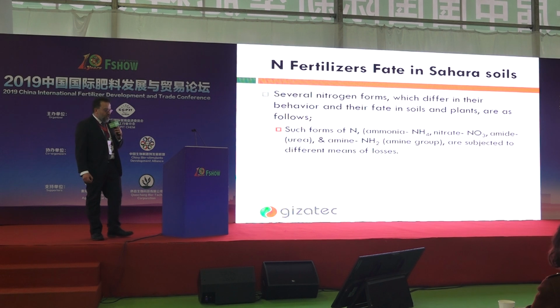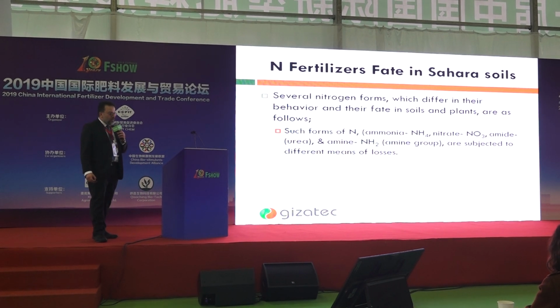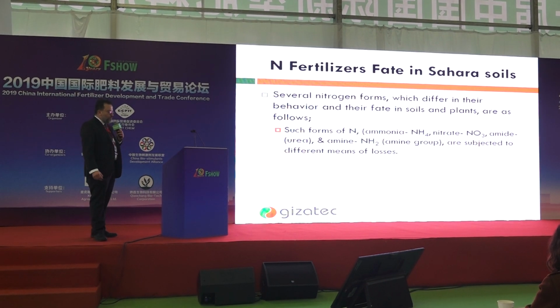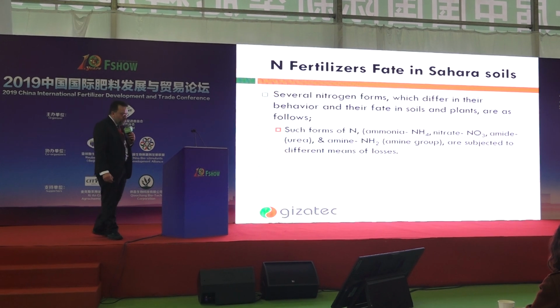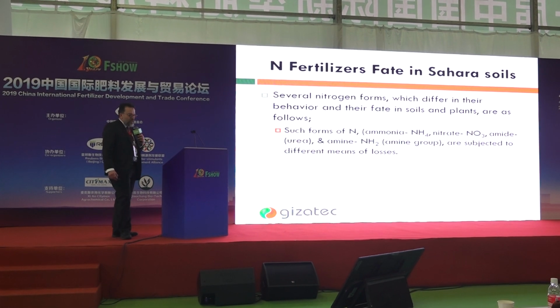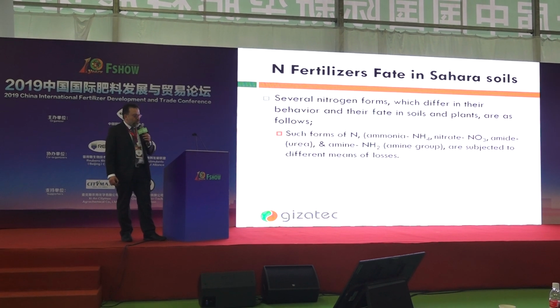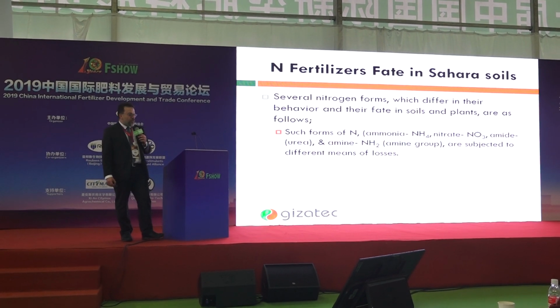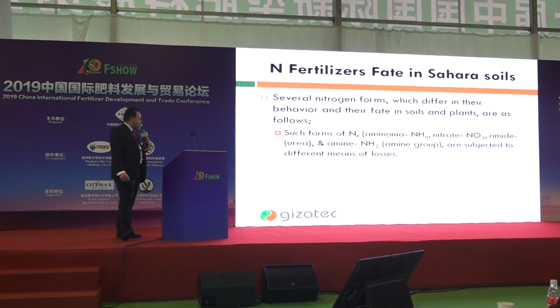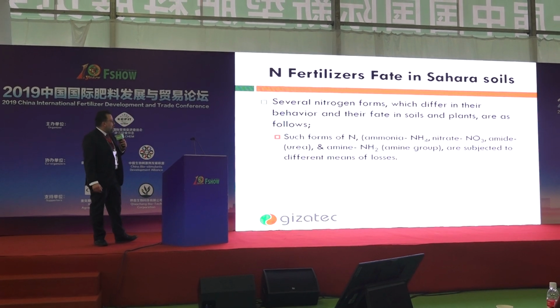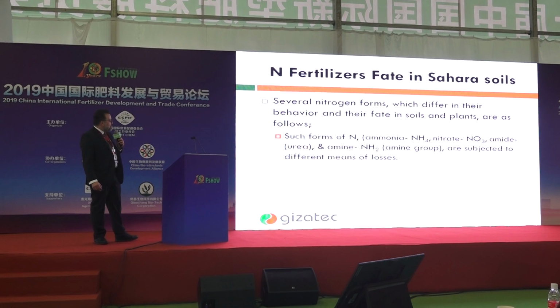Nitrogen fertilizers fate in Sahara soil. Several nitrogen forms which differ in their behavior and their fate in soils and plants are as follows. Such forms of nitrogen, ammoniacal nitrogen, nitrate nitrogen, amide nitrogen, and amine nitrogen, are subject to different means of losses.